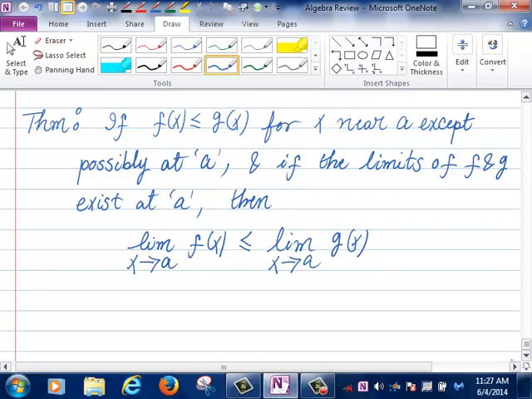Is this statement clear to you guys? Okay. So just think about the graphs of the two functions. The assumption is basically when x is near a, the graph of f is below the graph of g. So therefore the limit of g would be bigger than the limit of f.